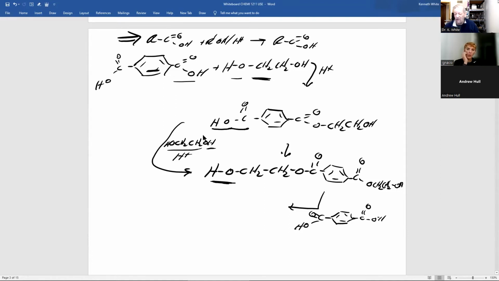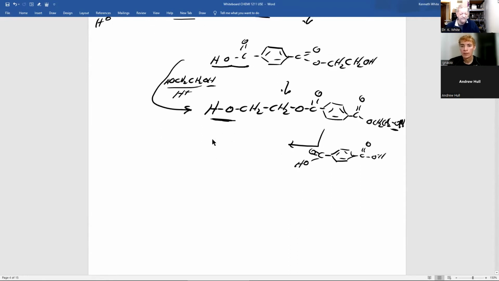And this alcohol, or it could be this alcohol, that's an H, can react to form, this reacts with that.